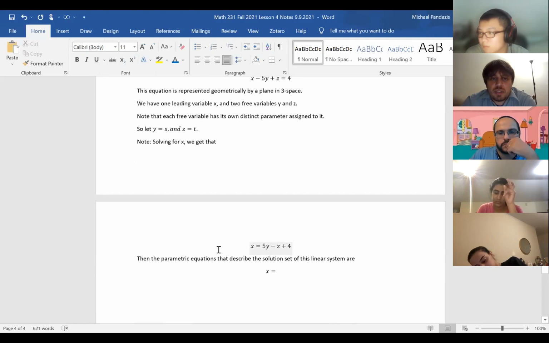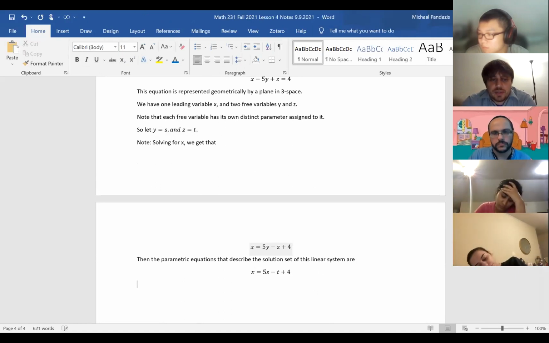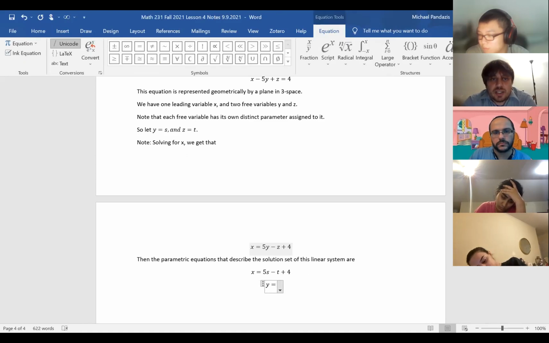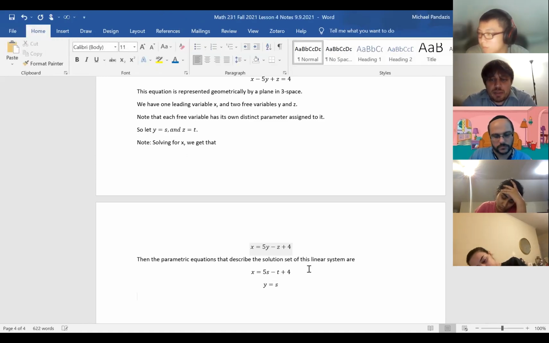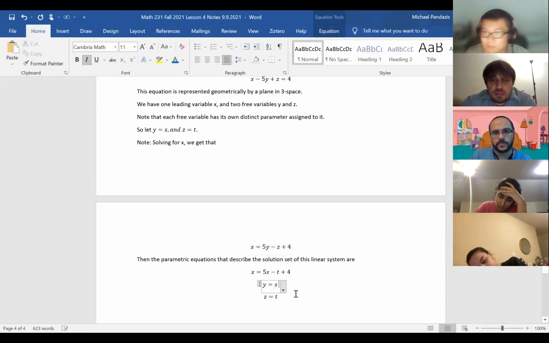So the parametric equations that describe the solution set of this linear system are: x is equal to 5 times y, which is s, minus z, which is t, plus 4. So that's x. And then y is still equal to s, because that's the parameter assigned to it, and z is equal to t.